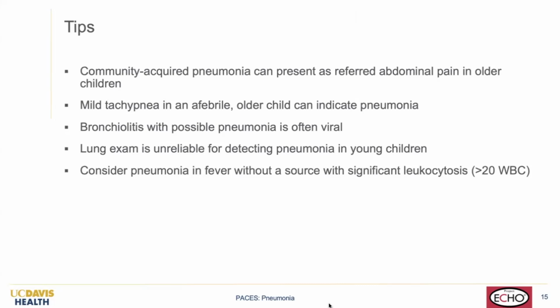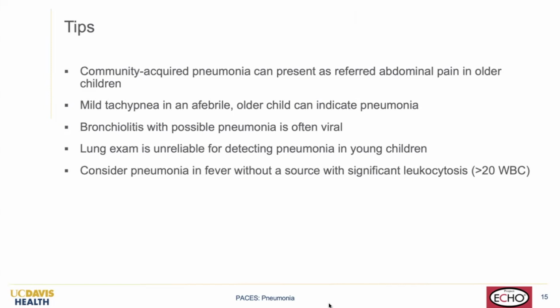Yeah. And then for kids who have a clear bronchiolitis picture or who have positive viral testing for something like RSV, it is possible to get a superinfection with a bacterial process, but I'll say that that's quite rare compared to just having a primary viral process that stays viral.